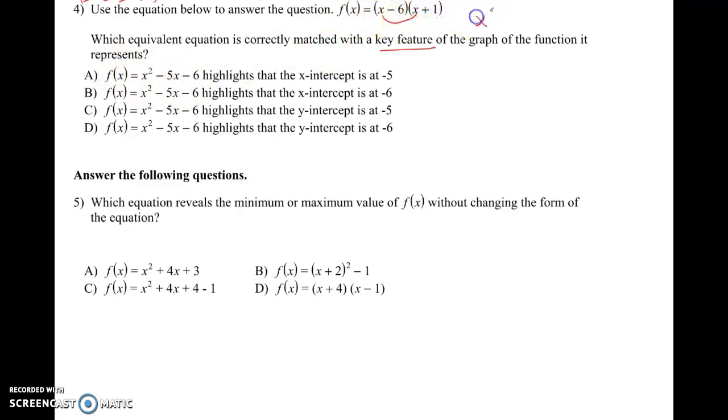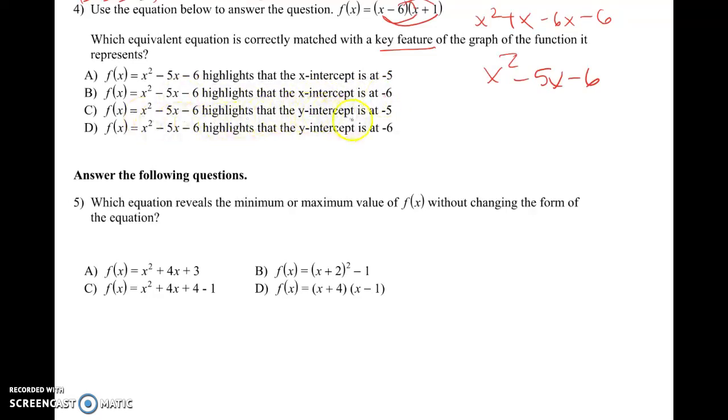So x times x is x squared, x times 1 is 1x, negative 6 times x is negative 6x, and negative 6 times 1 is negative 6, and they got x squared minus 5x minus 6. So what does this highlight here? So does it highlight that there's an x-intercept at negative 5? Does it highlight that there's an x-intercept at negative 6?